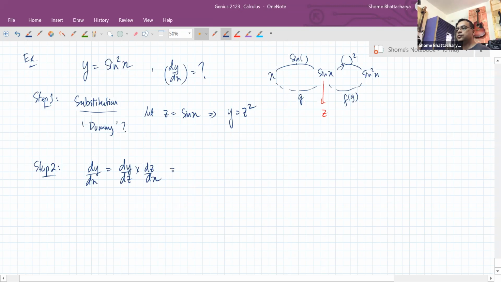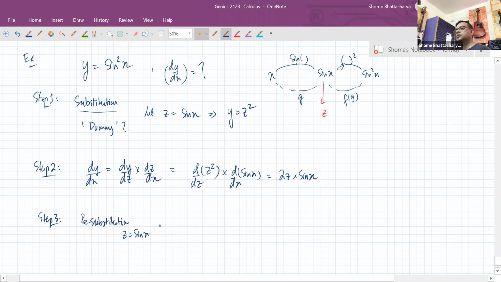Now let's substitute. In place of y we will substitute z square, and in place of z we will substitute sine x. So this will become 2z into the derivative of sine x. And the final step, re-substitution: we will replace z as sine x.